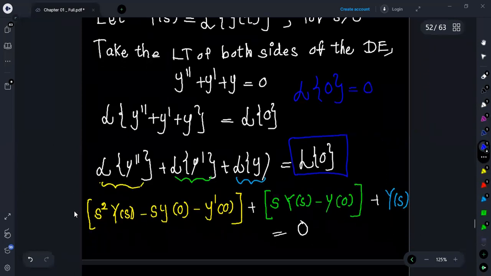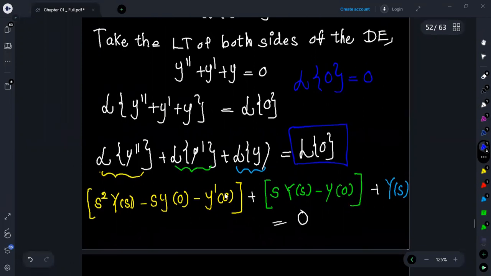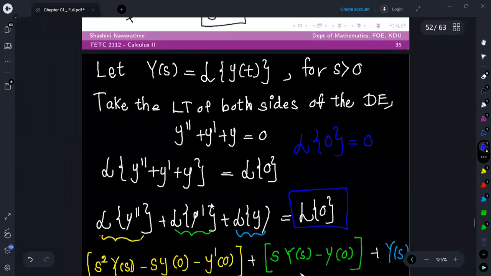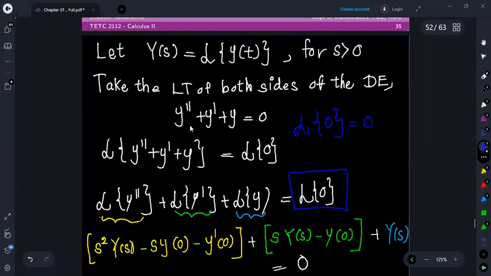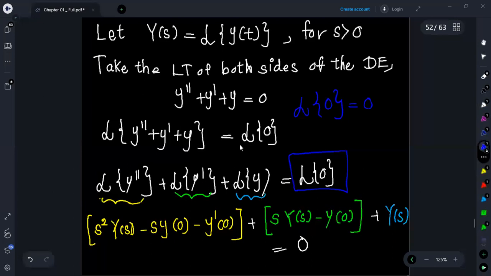Once we have obtained this expression, we can substitute the initial conditions. The initial conditions in this problem are: when t is equal to 0, y is equal to 0, and y dash is equal to 3. So we substitute y0 as 0 and y dash 0 as 3.